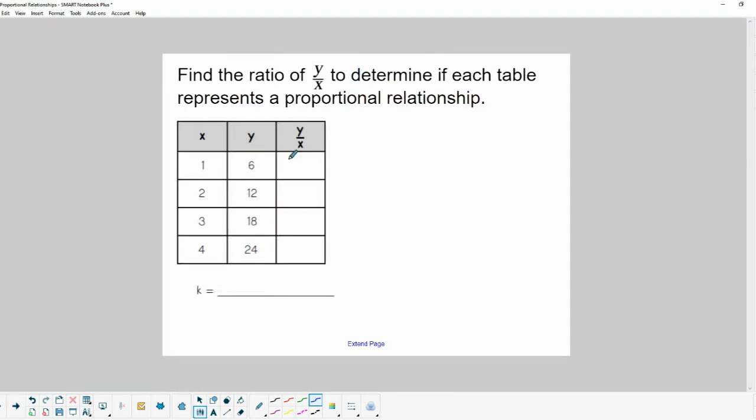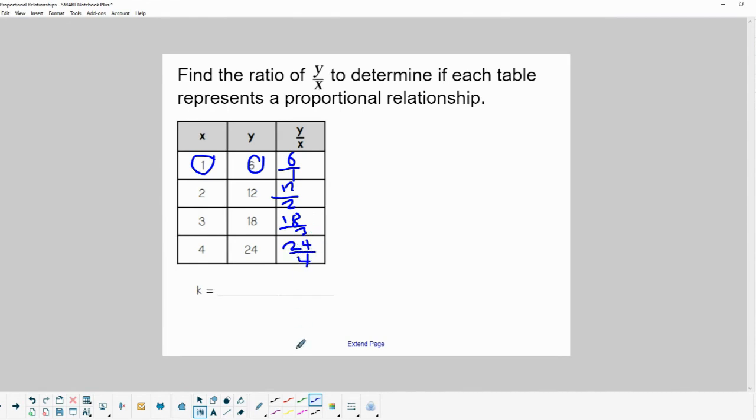Remember we said to find the constant of proportionality, we take the y value and divide it by the x value. So 6 over 1. Let's do it for each of these values. 12 over 2. 18 over 3. And 24 over 4.